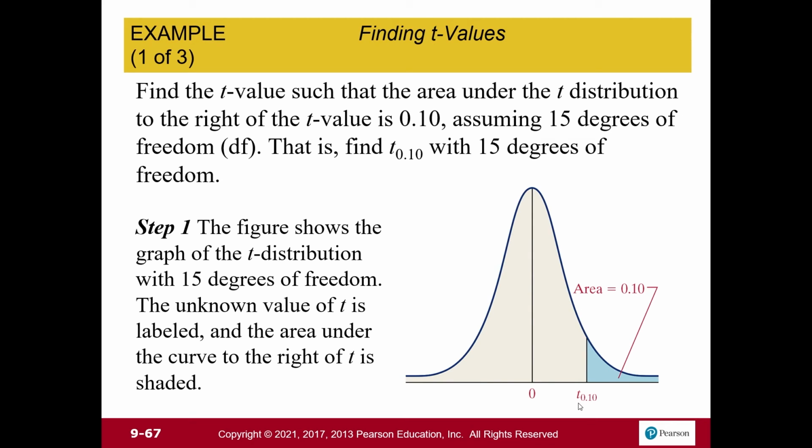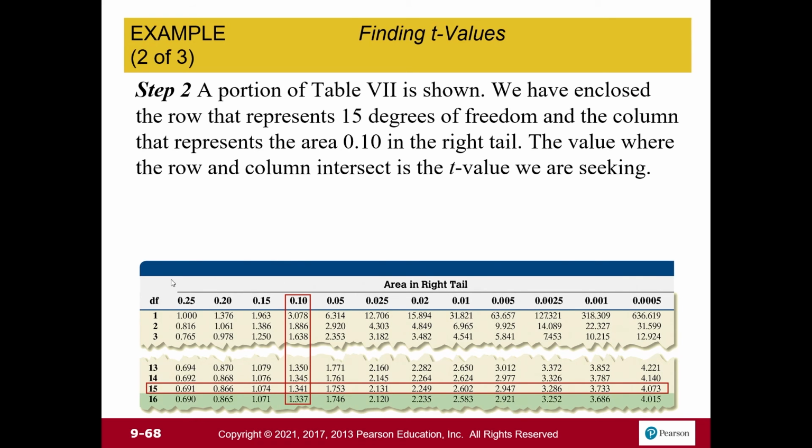We're trying to find t sub 0.10. We'll be able to use a table for this. We'll go to the t distribution table, table 7. We find the degrees of freedom, and we also locate the area, and we can see where it matches at 1.341. And so we get it that way.